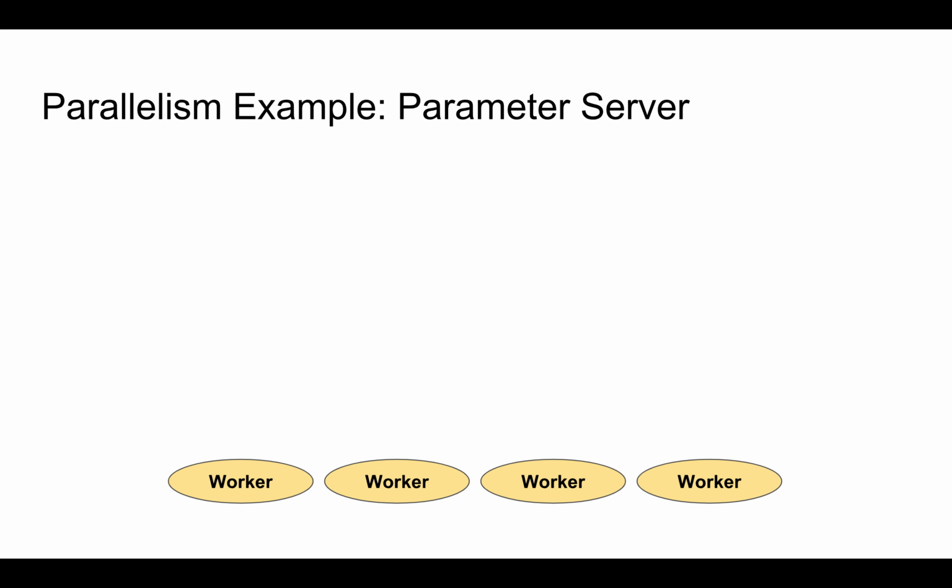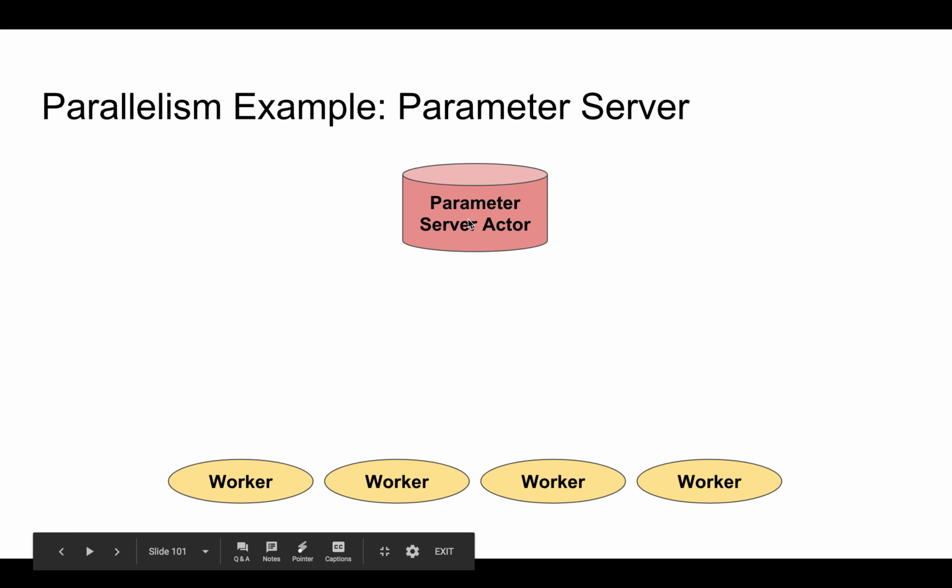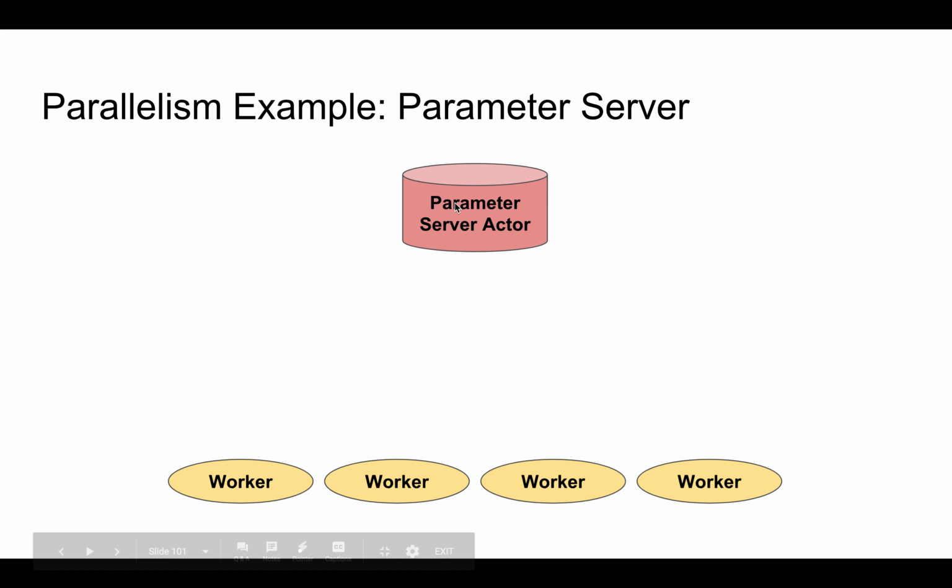And you can imagine doing this by having a parameter server actor. A parameter server is just a process that holds the parameters of the model. Here parameters essentially mean the coefficients of the linear model, like the slope and the bias. If it's a neural network, it could be the weights of the convolution or the matrices in the neural net.